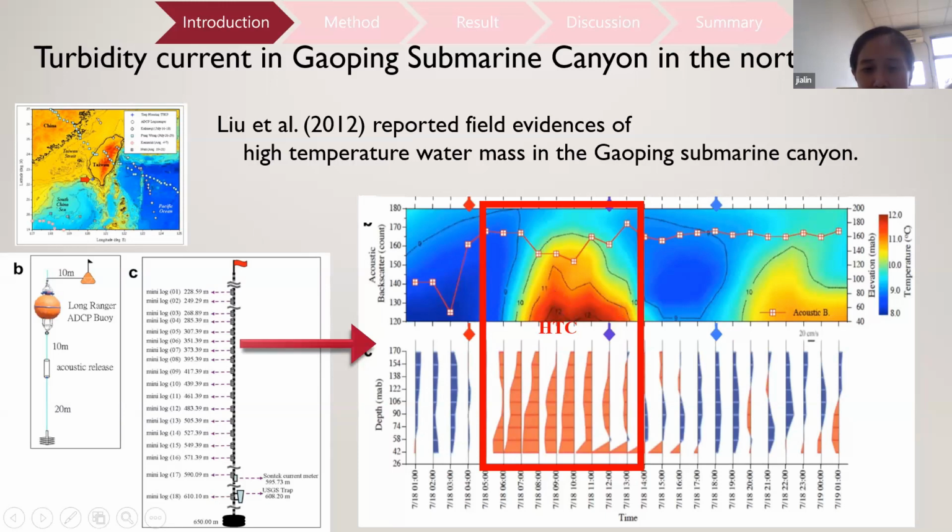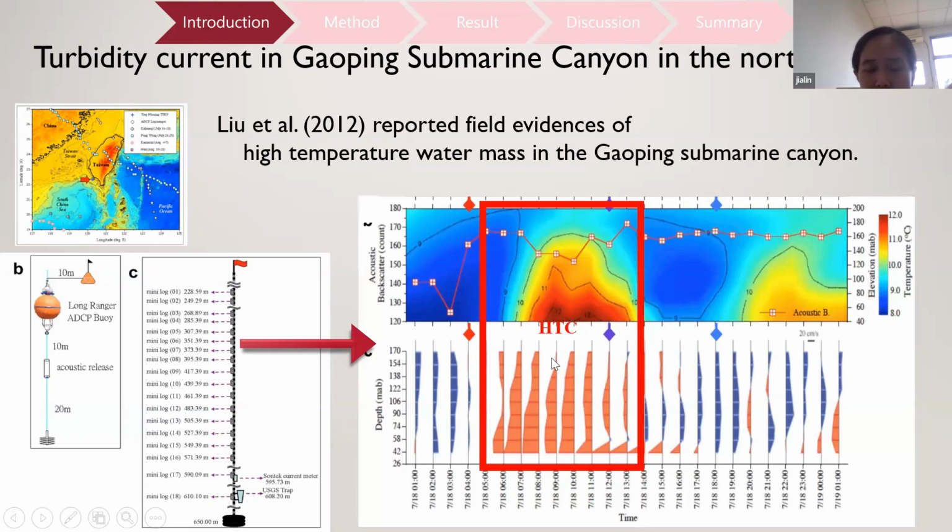So during a typhoon passage between July 18th and I think lasting until July 19th, there is higher temperature water coming from the land. So their undersea mooring actually observed those high temperature signals.